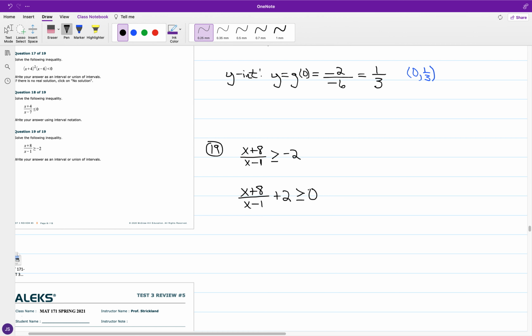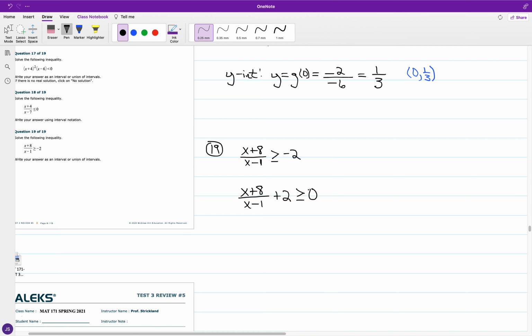And if I look at combining these terms as a consolidated ratio, I write 2 as 2 over 1, and the least common denominator is going to be x minus 1.